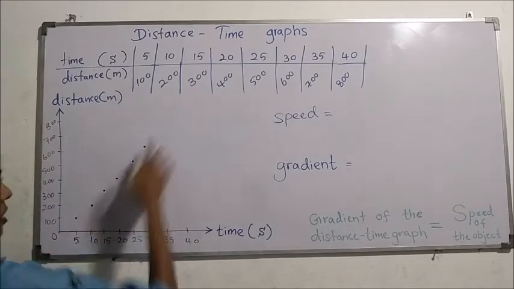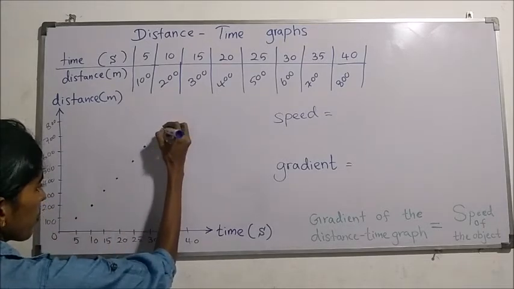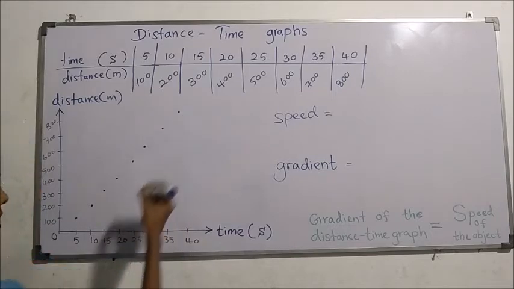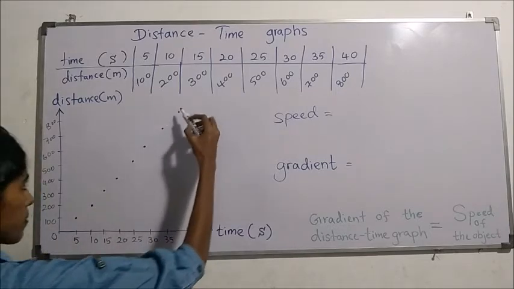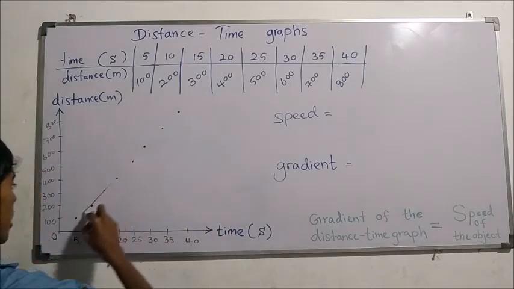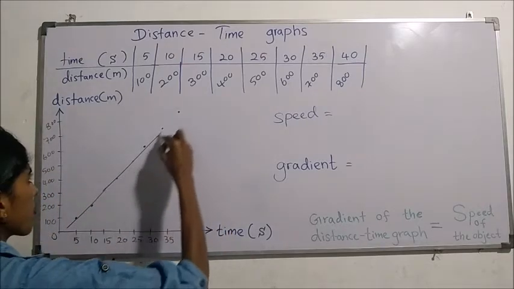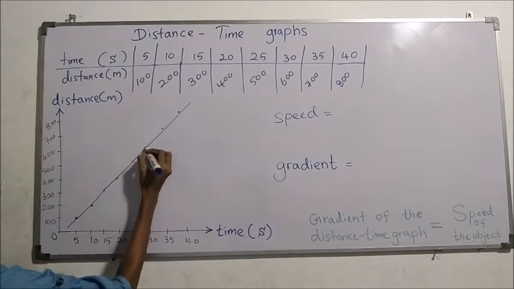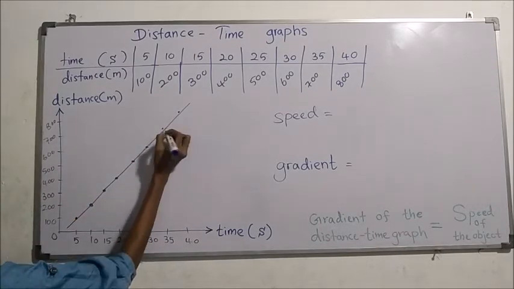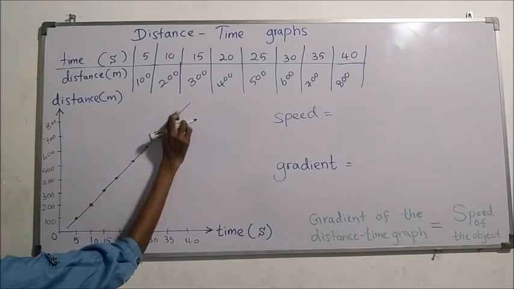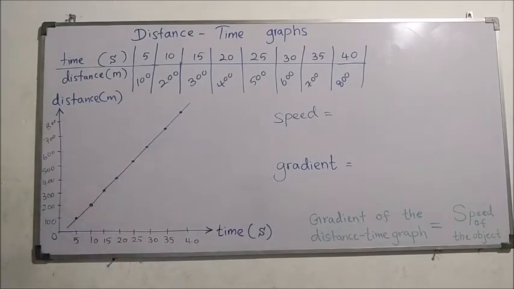If you have marked accurately, you can keep the ruler and join all these points, starting from 0. So this is the distance time graph.